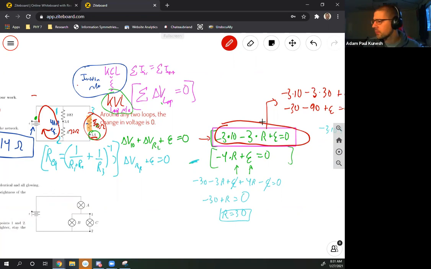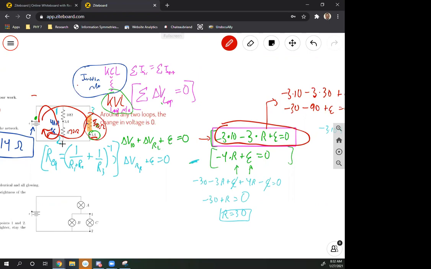Since it has 2 unknowns, I know that I need more information, because if I have a function with only one unknown, I can just solve for it. But if I have 2, then I need another equation. So I knew I had to make another loop. That's maybe how I would describe it procedurally. Does that help?